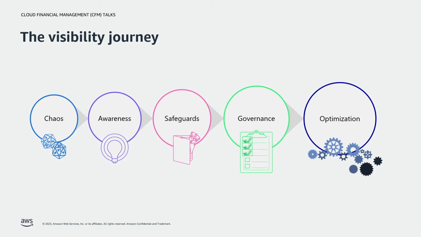And as this maturity journey continues, you get to the safeguards phase. And this is really where you are starting to implement security best practices, and your security organization is getting involved. And you're finding that different resource types have different security mentalities.